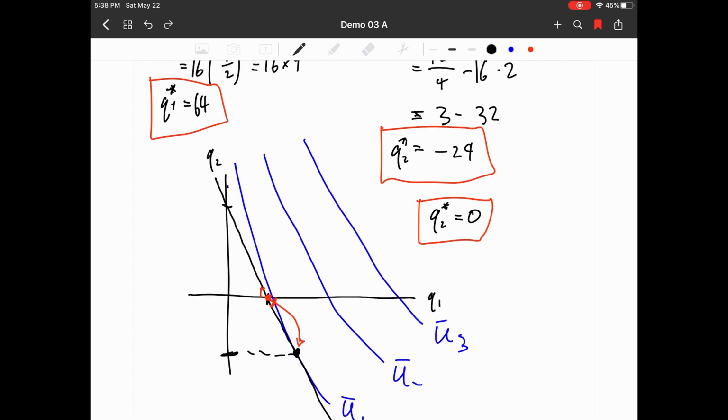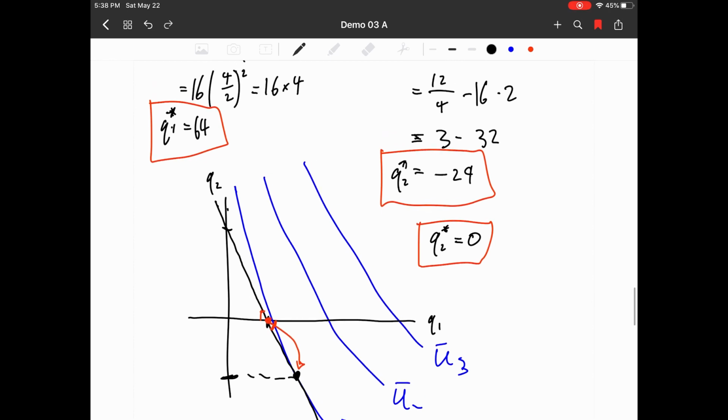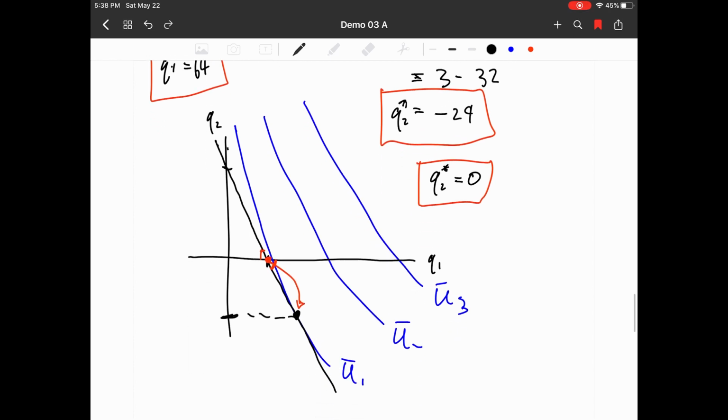We take this Q2 equal to 0 and we plug it into our budget constraint. Y is equal to P1 Q1 plus P2 Q2. But this is equal to 0. So all we're left with is full expenditure on Q1. So Q1 is equal to Y over P1.